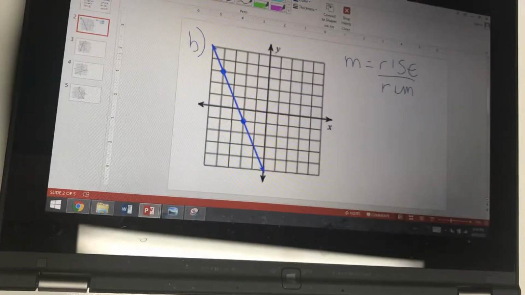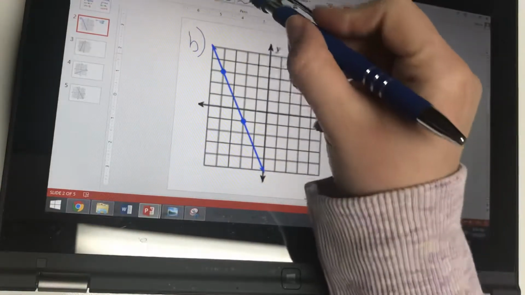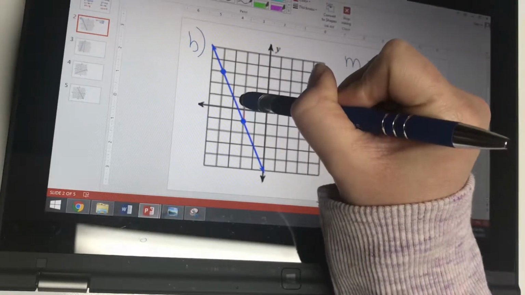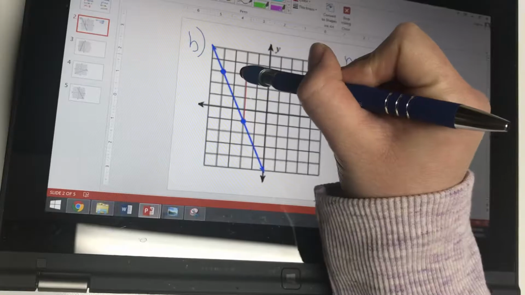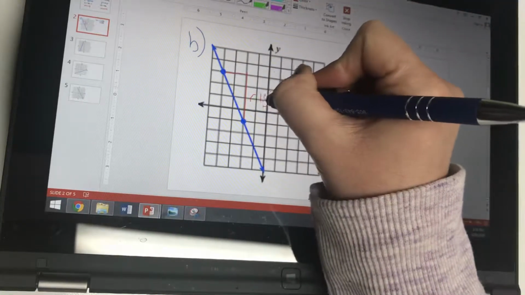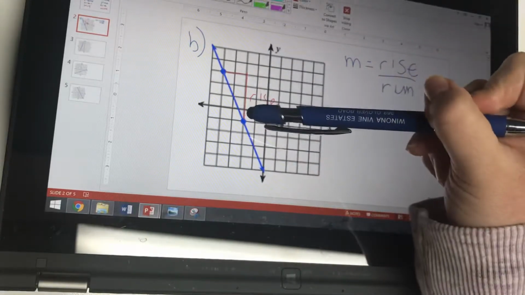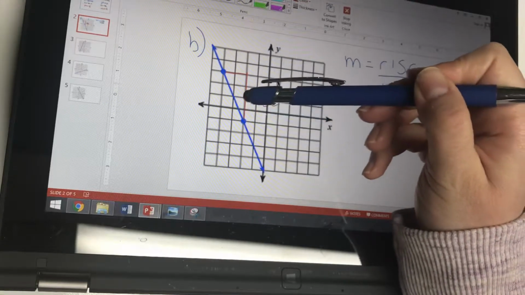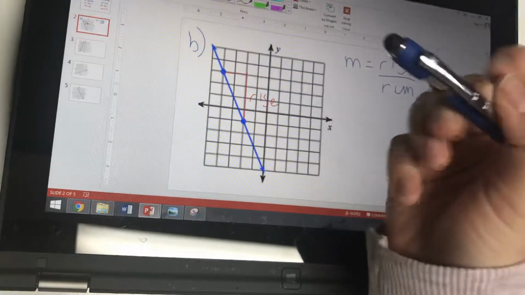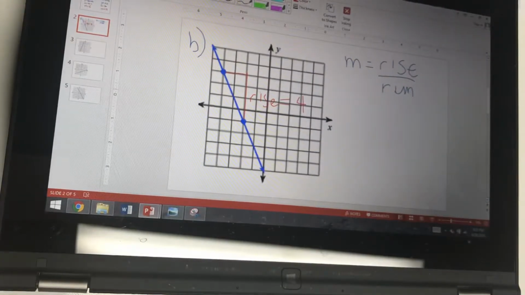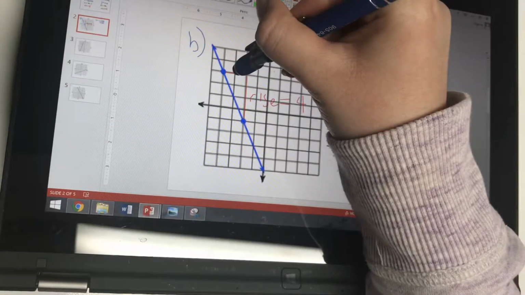Okay, so I'm going to make my right angle triangle and look at how much I'm rising up and my run. So my rise, I'm going to count how many units I'm going up. So 1, 2, 3, 4. So that means my rise is 4. I'm going up 4 units. And then my run is 1, 2.